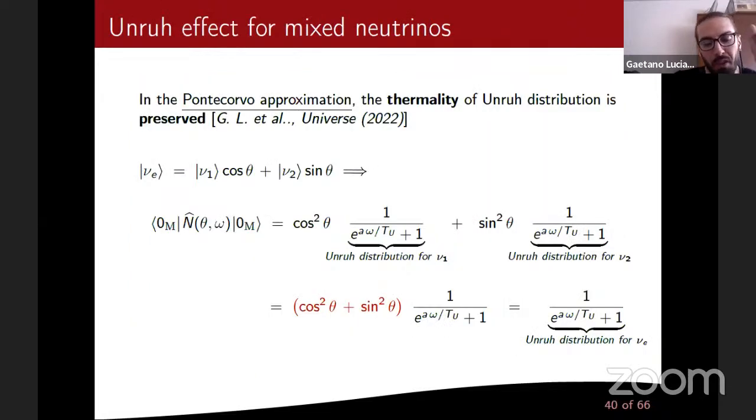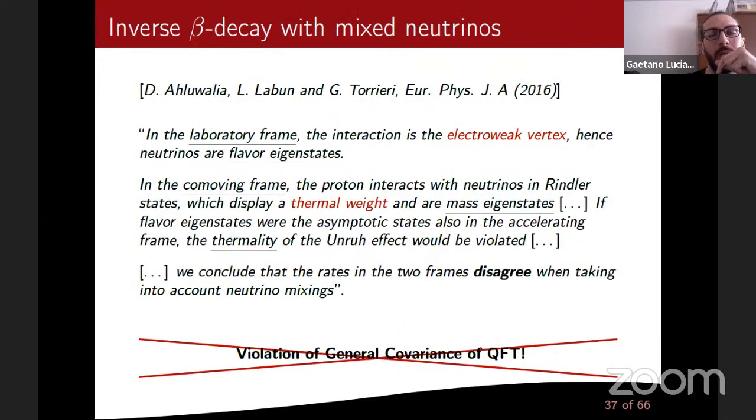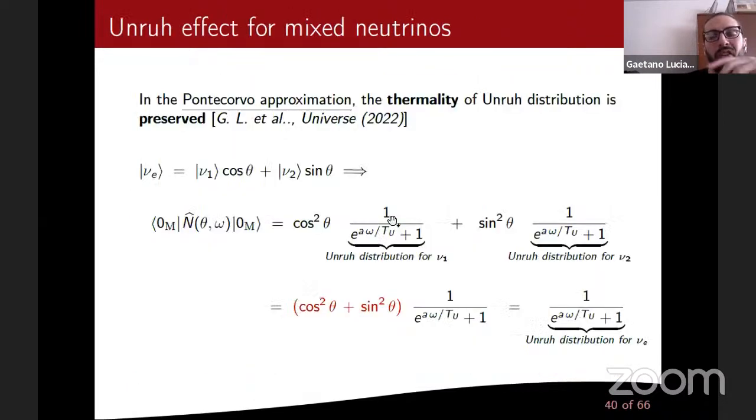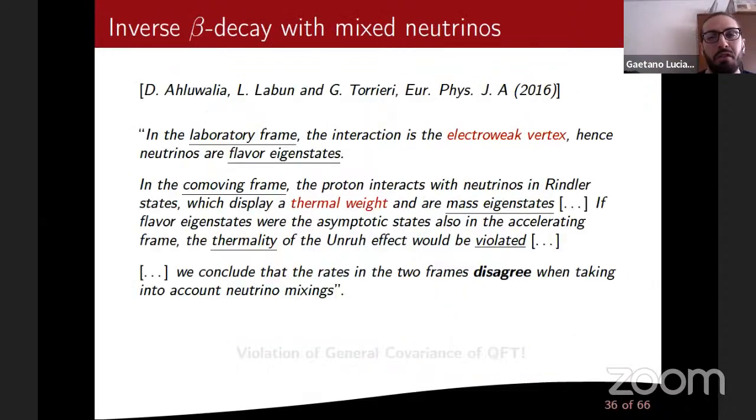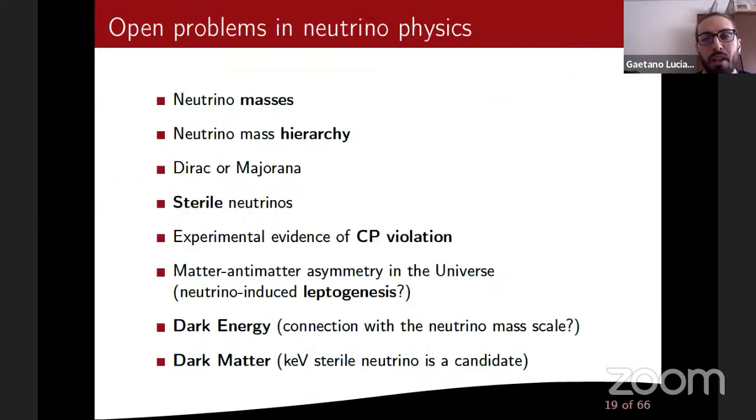Well, the point we are not too much convinced about in the claims of the paper by Aluvalia and collaborators is this central point. Because it's quite easy to see that if you work in the Pontecorvo approximation, at the level of ladder operators, remember, in the Pontecorvo approximation you don't have the Bogoliubov transformation I was showing in one of my first slides.